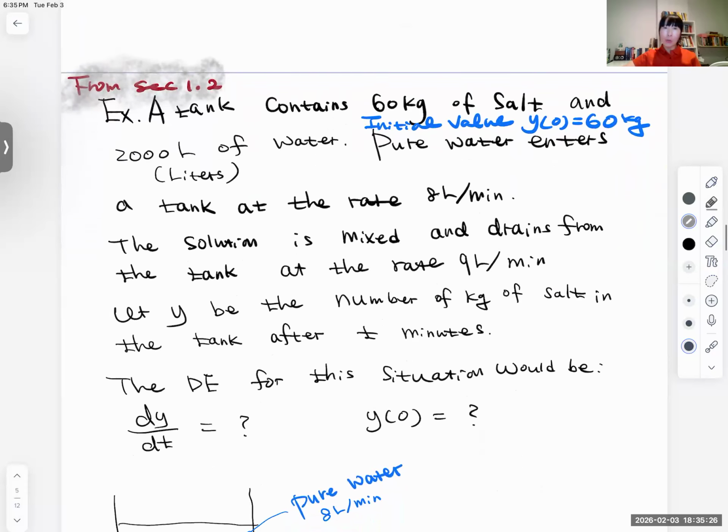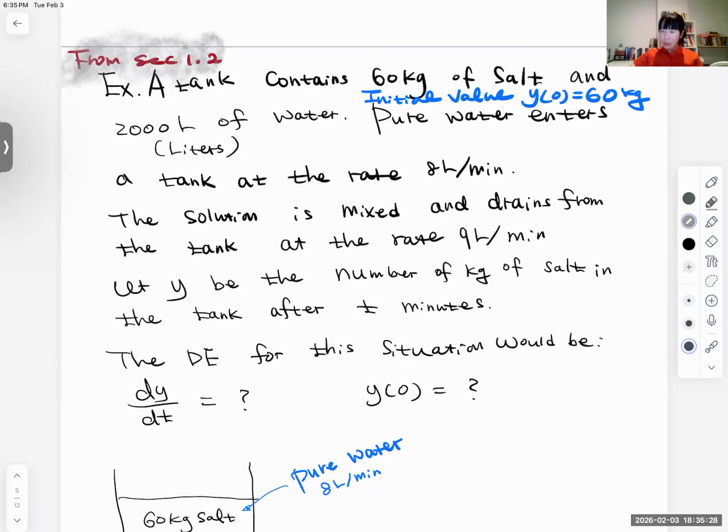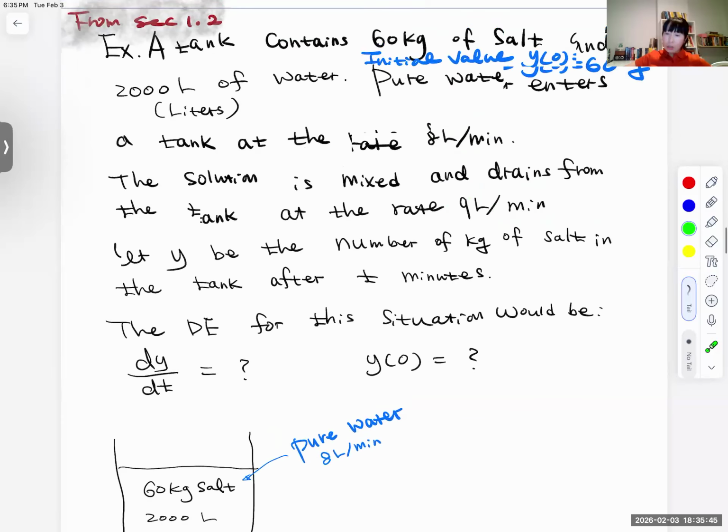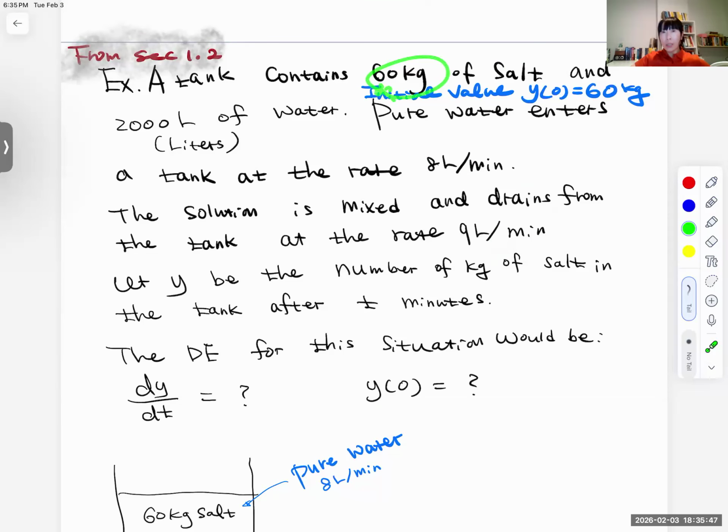So from section 1.2, we had 60 kilograms of salt and 2,000 liters of water. Pure water enters at 8 liters per minute and drains at 9 liters per minute, right? So the initial condition is y of 0 equals 60 kilograms.